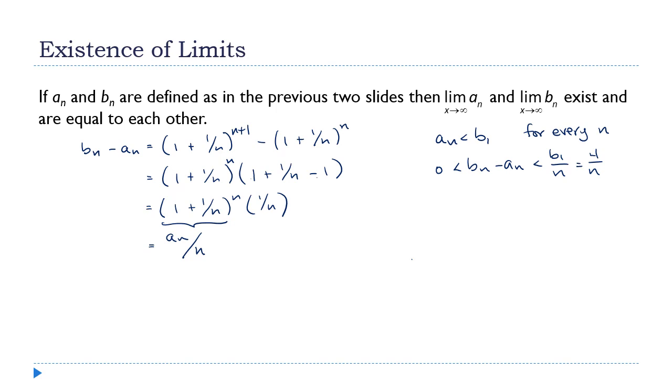Now we're going to apply the sandwich theorem, or the squeeze theorem, the same name. I'm going to take the limit as n approaches infinity of 0, which is less than or equal to the limit as n approaches infinity of b sub n minus a sub n, which is less than or equal to the limit as n approaches infinity of 4 over n.